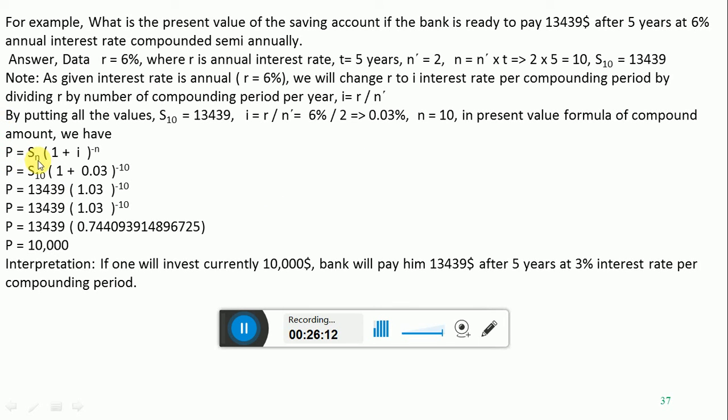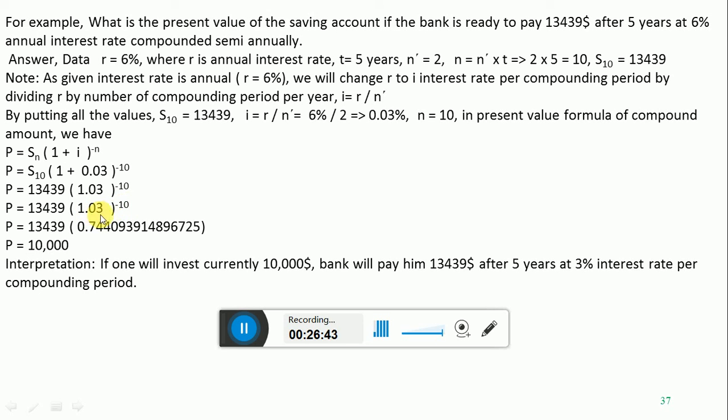P is equal to Sn multiplied by (1 plus i) raised to the power minus n. P is equal to S10 times (1 plus interest rate) raised to the power minus 10. Interest rate semi-annually is 0.03, meaning 3%. P is equal to 13,439 times 1.03 raised to the power minus 10.